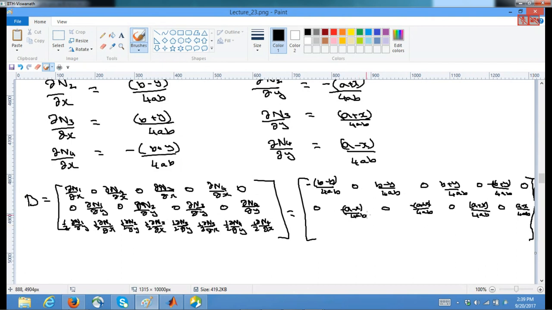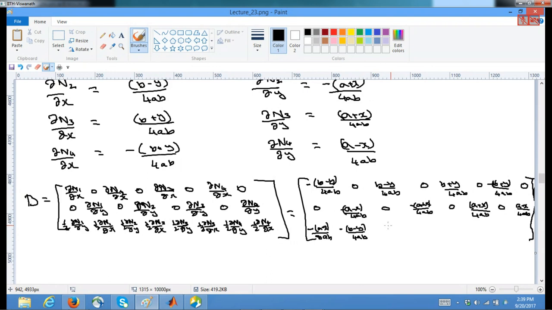This one is a little bit different. This would be minus (a minus x) by 8ab, because this term by half, this term by half, this term by half would come here. So minus (b minus y) by 4ab.